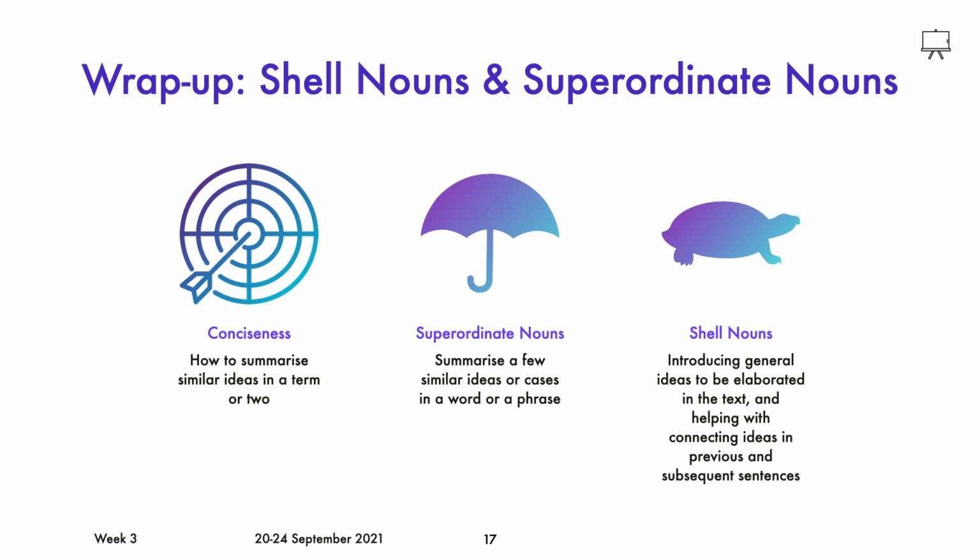And exactly, the shell nouns would be very useful for connecting ideas in the paragraph. Okay, as we have had the sample paragraph by a student with the term this argument. So that is the way to avoid repetition as well as making your text more concise, less clumsy, and it's a way to introduce general ideas that are going to be elaborated in the text.